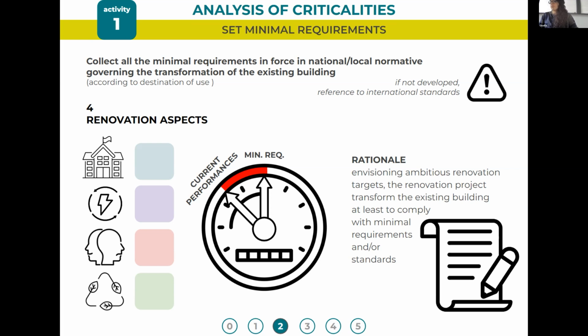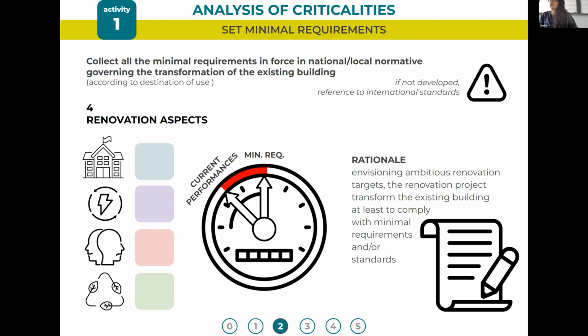If for some reason it is not possible to recover this normative reference at local level, or maybe if it is not developed, it is possible to refer also to international standards. These requirements refer to the 4 renovation aspects that represent the main assets of our renovation framework.